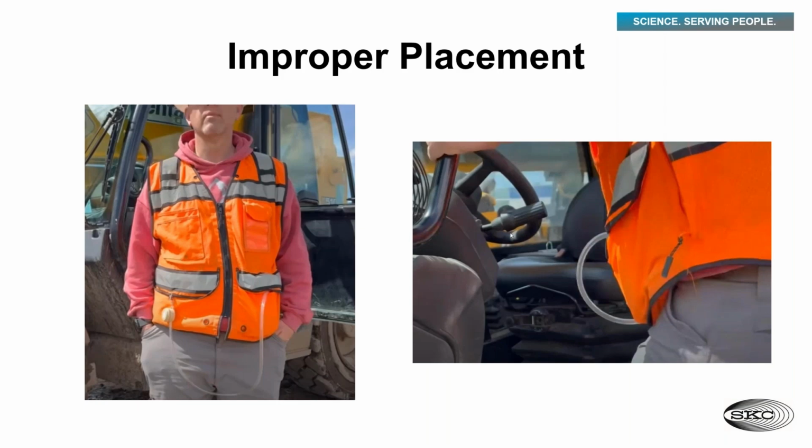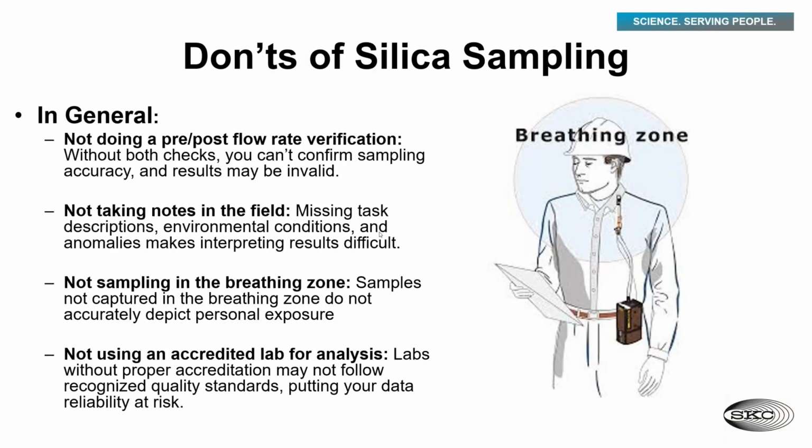So do yourself a favor, do your teammates a favor, by always making sure that your Tygon is secured, whether in a vest or in some other way that's not going to allow it to snag on things as people are walking around. So here are some don'ts of sampling that I want to cover.